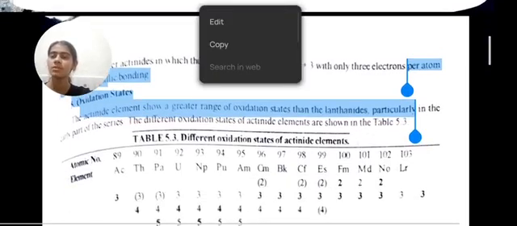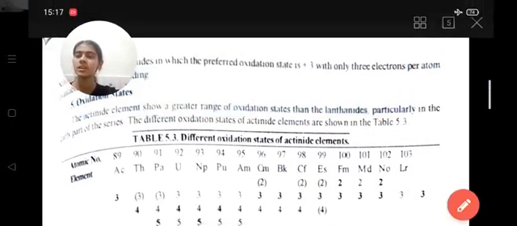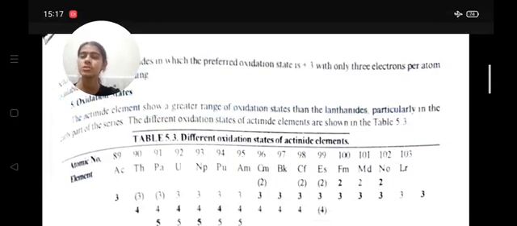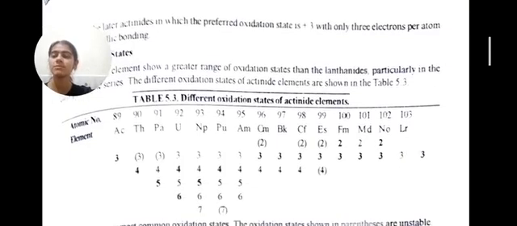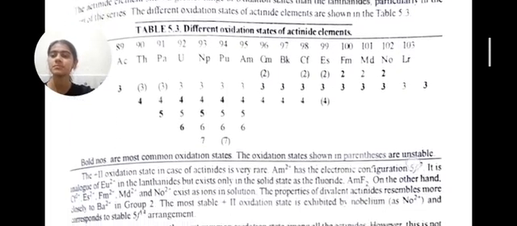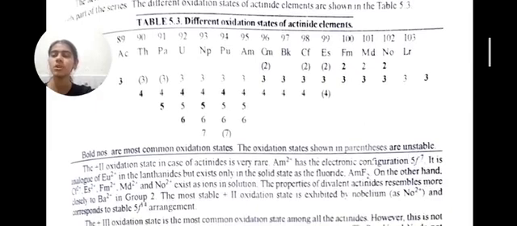Let's discuss the oxidation states. The actinide elements show a greater range of oxidation states than the lanthanides, particularly in the first part of the series. The different oxidation states of actinide elements are shown in Table 5.3. The +2 oxidation state in the case of actinides is very rare.